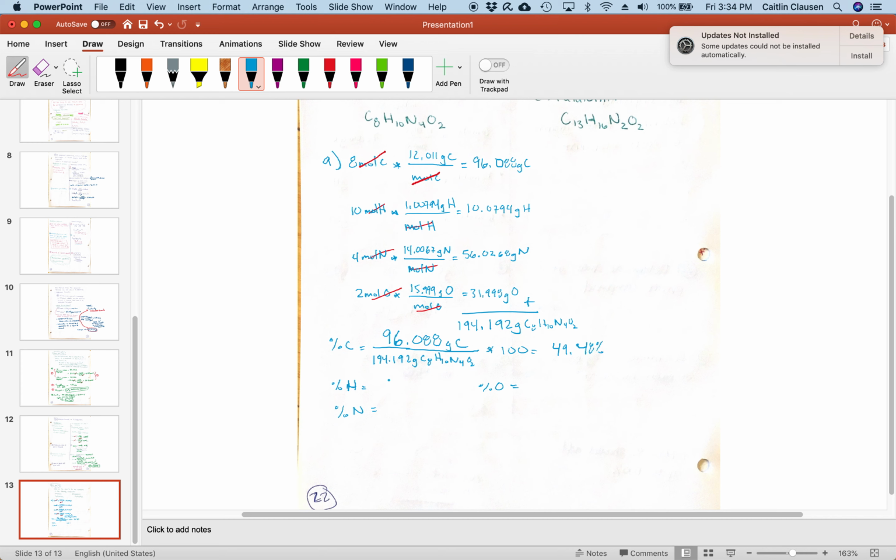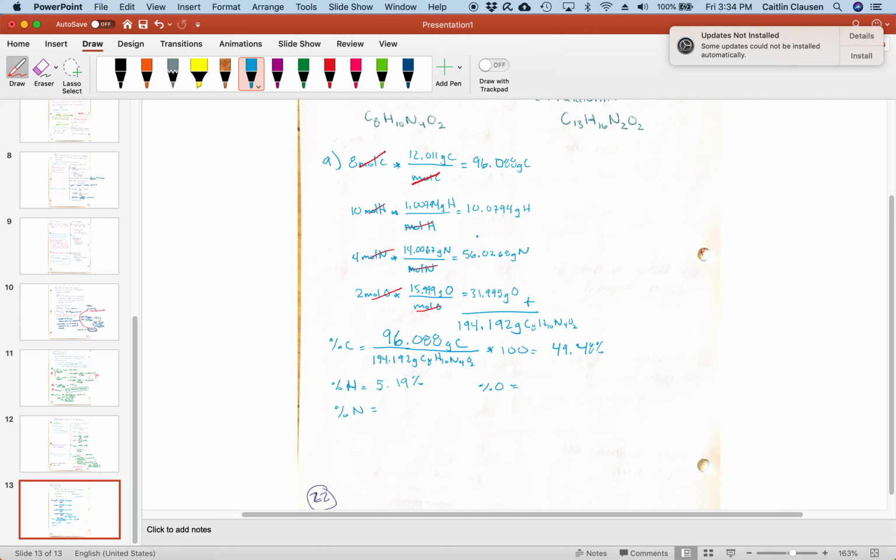So that is 49.48%. Hydrogen is 10.0794 divided by 194.192. 5.19%.